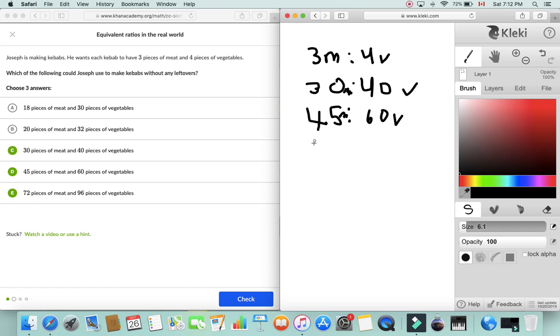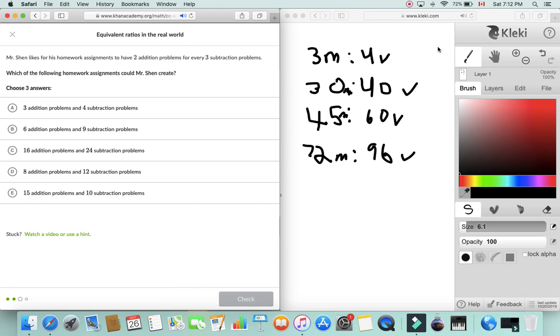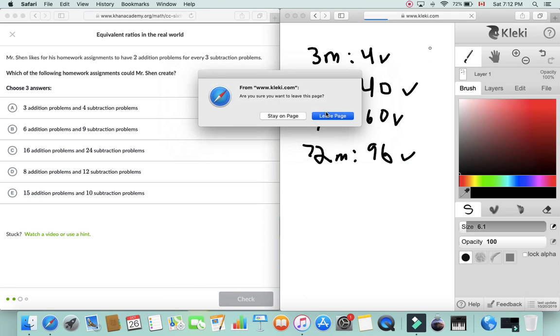That works. 72. 24. We have to multiply it by 24 to get 72. So 24, 48. No, wait. 24, 48, 96. Okay, it's correct. 2 more questions.